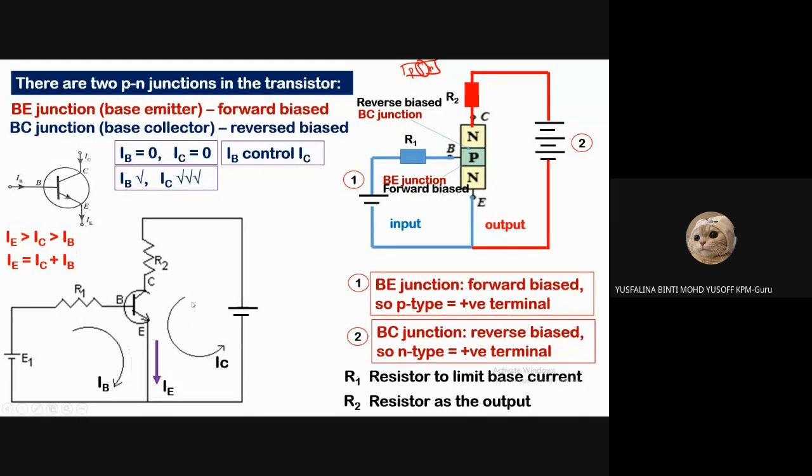And then this one you have to know starts from positive to the negative. This is the collector circuit and this one is the base circuit, right? Because this is NPN, the P has to be connected to the positive terminal to form a forward bias.